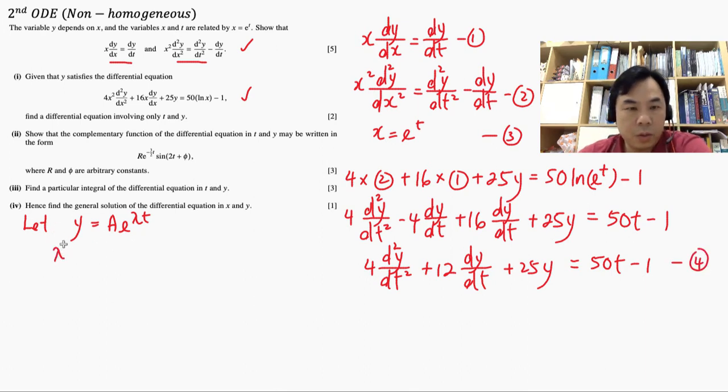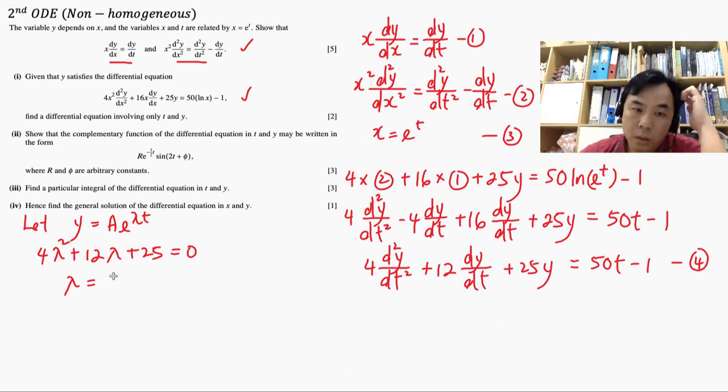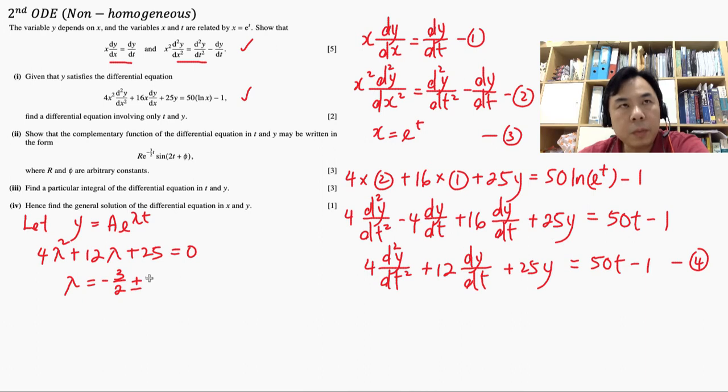As such, we have the characteristic equation as 4 lambda squared plus 12 lambda plus 25 equal to 0. I think I missed out the 4 here. Now from here, if you solve this quadratic equation using the quadratic formula, we will end up with lambda equal to negative 3 over 2 plus or minus 2i.